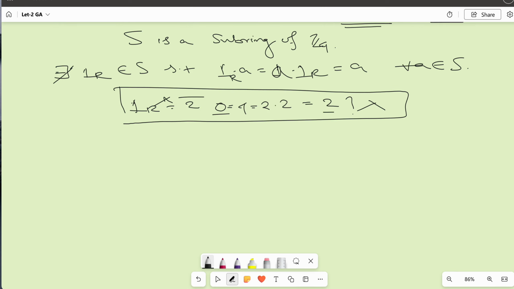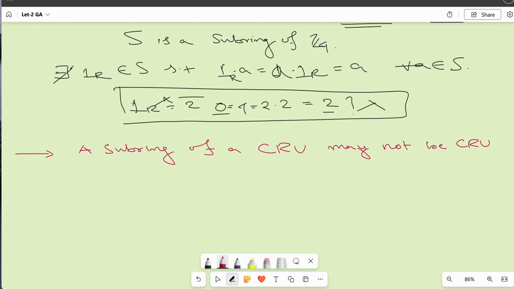So the point to be noted is that a subring of a CRU, meaning commutative ring with unity, may not be a CRU.